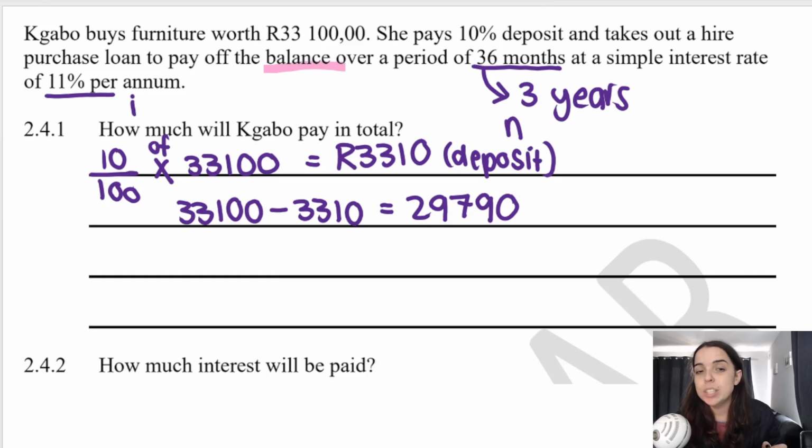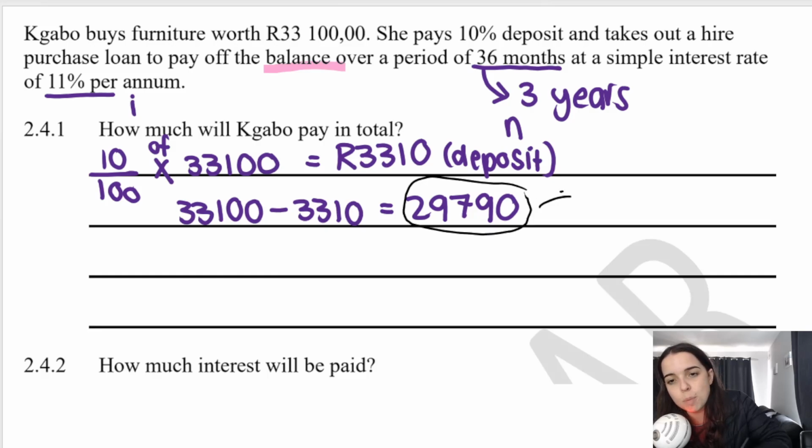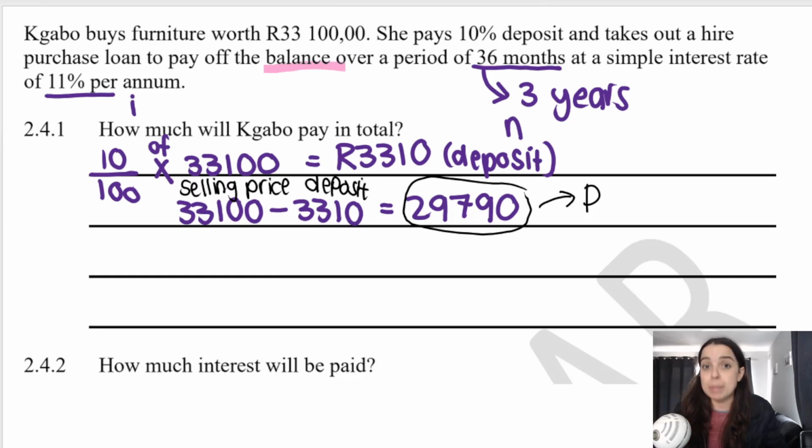However, that's going to get paid back with interest. So what that number gives me after we minus the deposit now becomes our P value in the formula. So you take your total selling price of the furniture minus the deposit, and that gives me my P value.